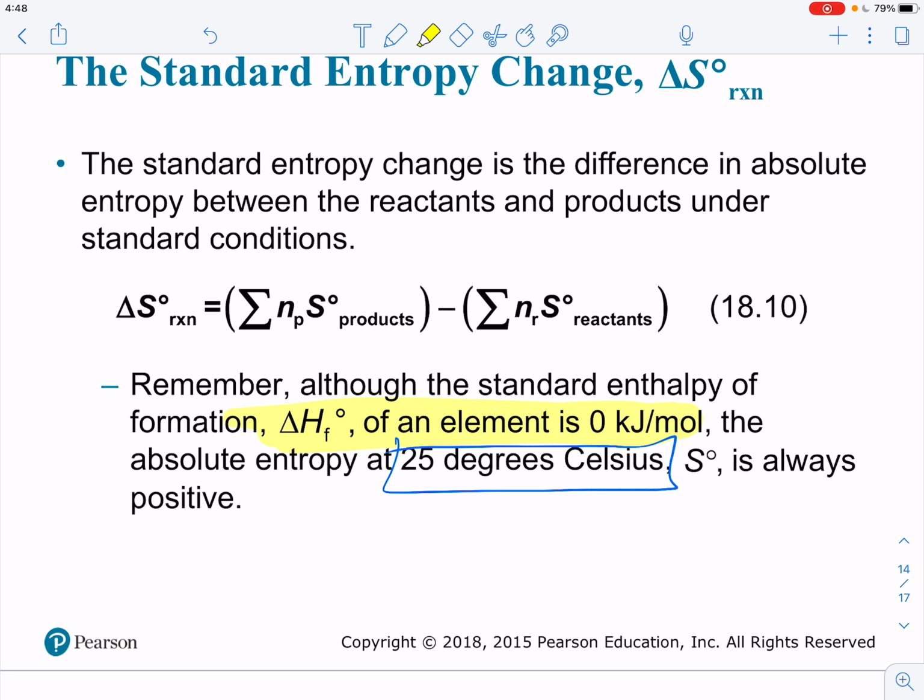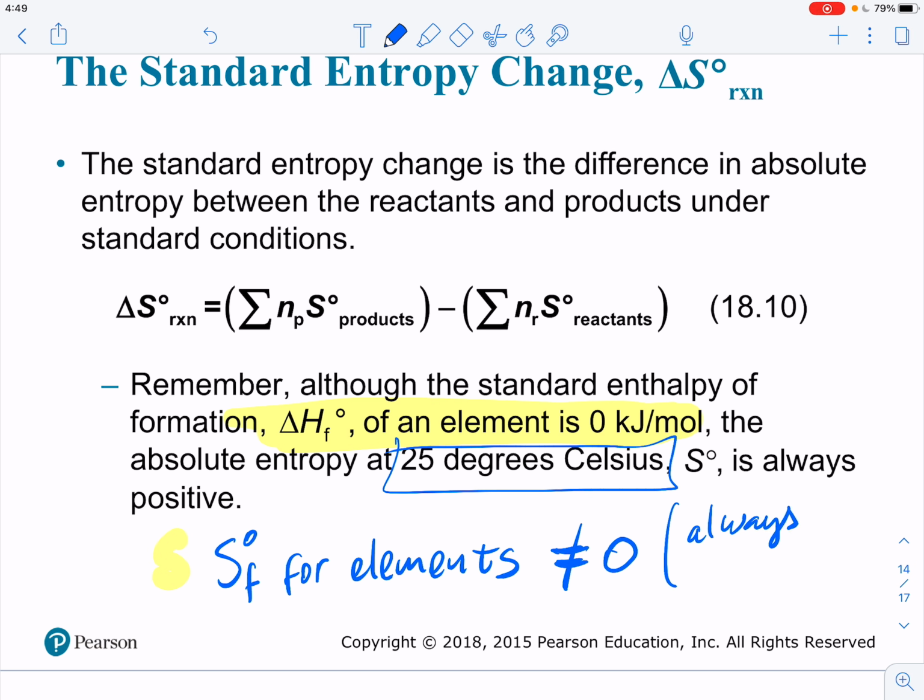There is no such thing for entropy. The standard entropy of formation for elements is larger than 0, but I want to cause a little more impact here. It's different from 0. We'll have a definite value, and now we add here always positive.